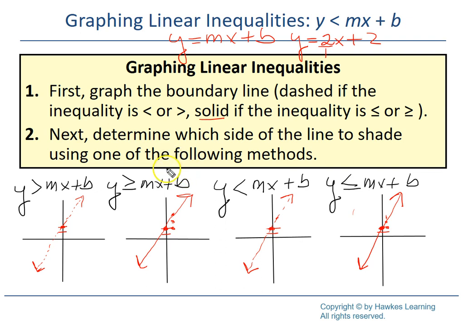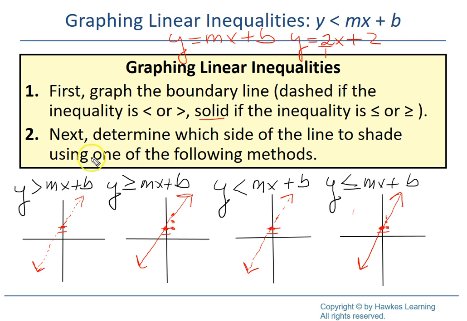Now, the next part of this is, which part do you shade? Because here, this is not just points along a line, but it's a region that is shaded. And this is what I found to be true. If you have a positive y, which is this, that's what this is up here.